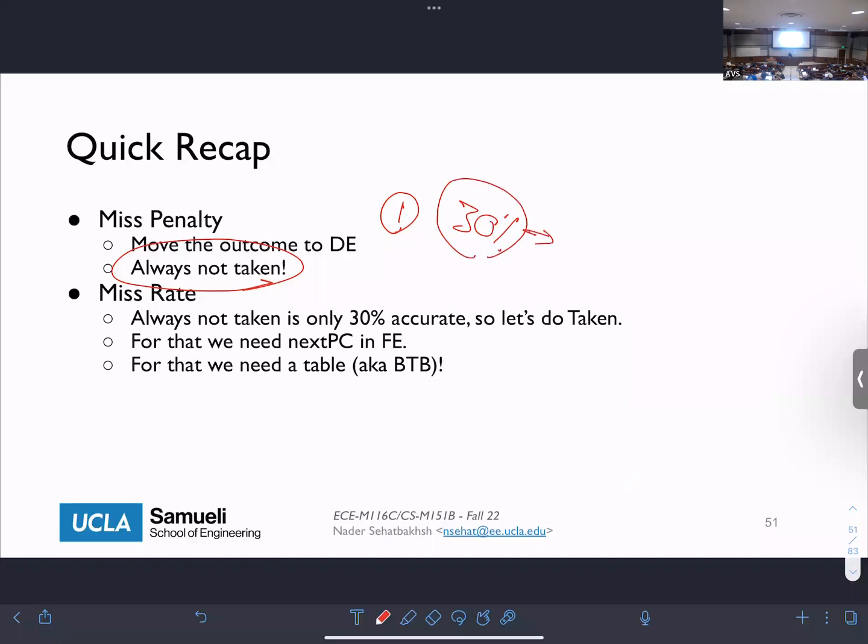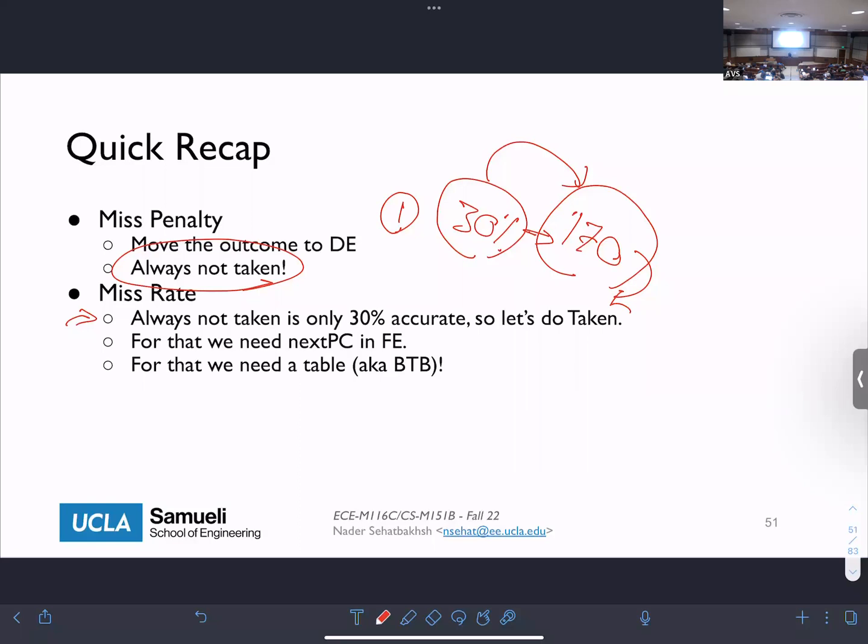Okay, let's actually instead of doing not taken, do taken, and immediately improve our branch prediction. Our miss rate from 70% to 30%, or our hit rate from 30% to 70%. The problem was that with this approach, we needed the next PC during the fetch stage, and we also needed to find a clever way of knowing that this is indeed a branch instruction.